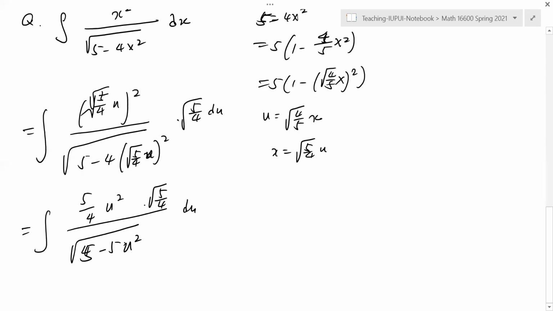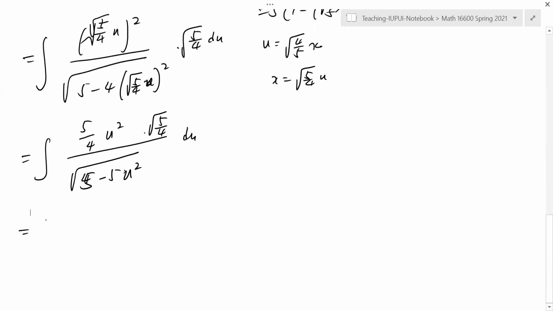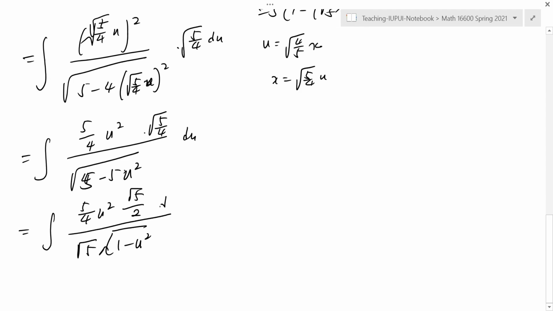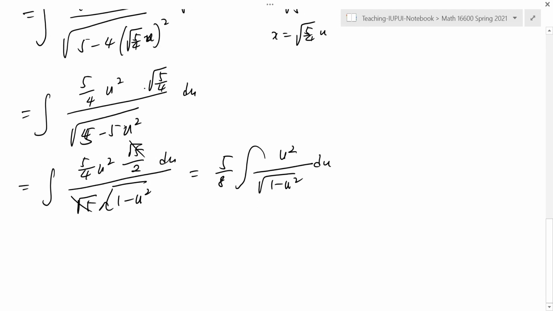Okay, you take the square root of 5 out from the denominator, then you cancel the square root of 5 in the numerator. Okay, so the answer here after simplifying, I think it's 5 over 8, and then you make it as simple as possible. Now you get to this.